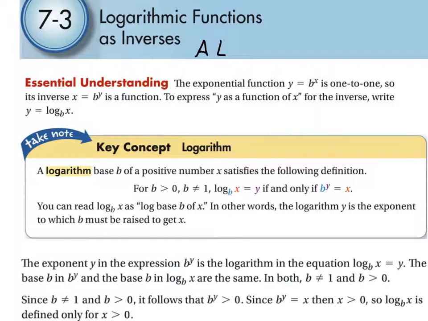A log, which is short for logarithm, is an exponent. A log is an exponent. That is the phrase you need to remember.